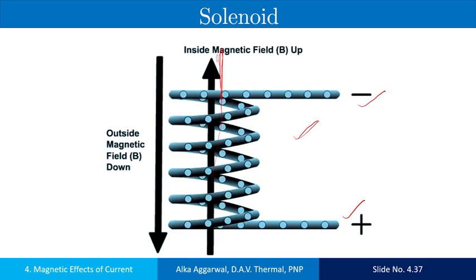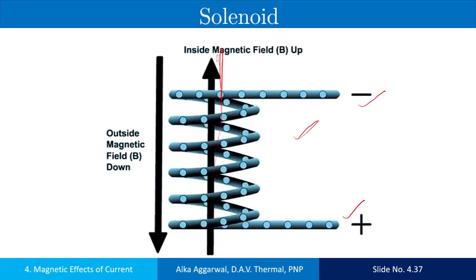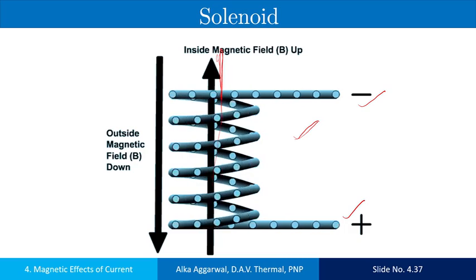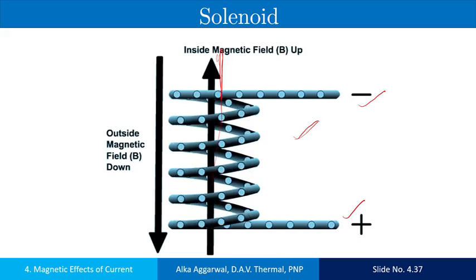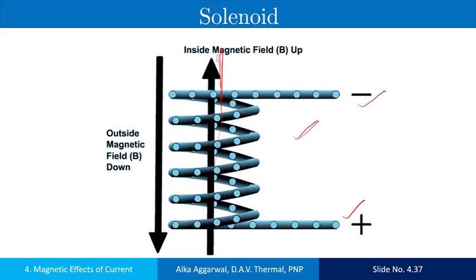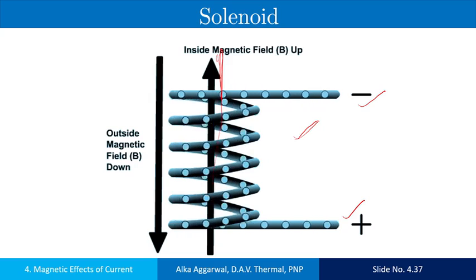And the magnetic field outside the solenoid is represented in this way. The magnetic field inside and outside the solenoid is always in opposite direction. The magnetic field inside the solenoid is very strong and outside the solenoid is weak. In the derivation of the expression, the magnetic field outside the solenoid is considered to be 0.